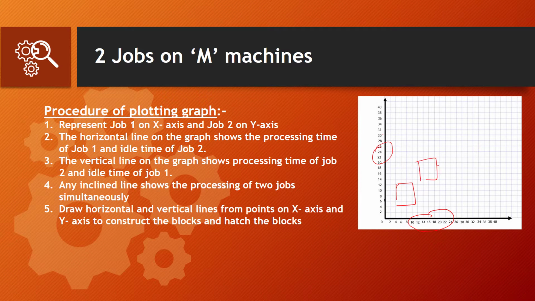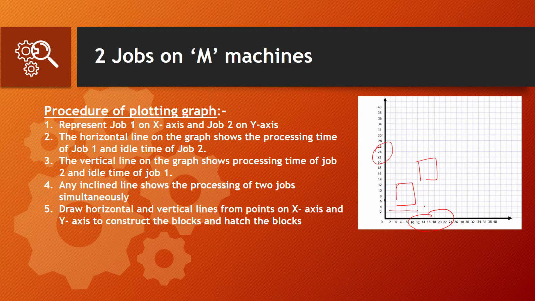Here we can see that the horizontal line on the graph shows the processing time of job 1 and the idle time of job 2. So when the graph flows on the horizontal line, it means that job 1 is being processed and job 2 is idle.